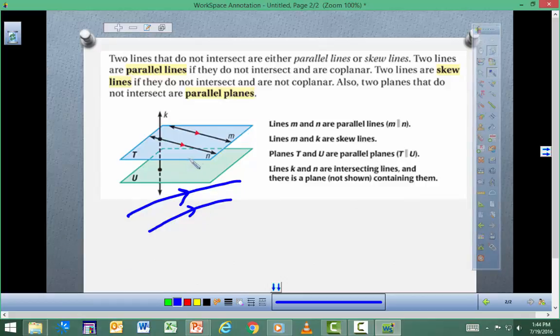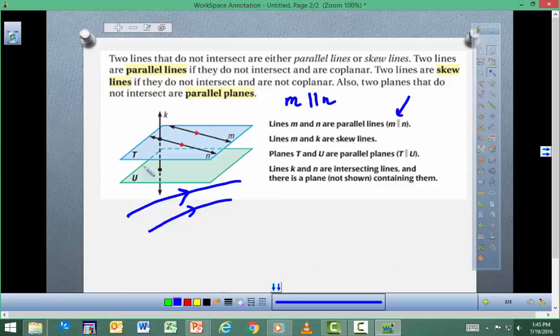Now when we're writing out things, there's a symbol we use for parallel, and that's that symbol right there. So it looks like, let me write it a little bit larger here, that looks a little blurry. We would say line M is parallel to line N in this case. So that's what we have there.